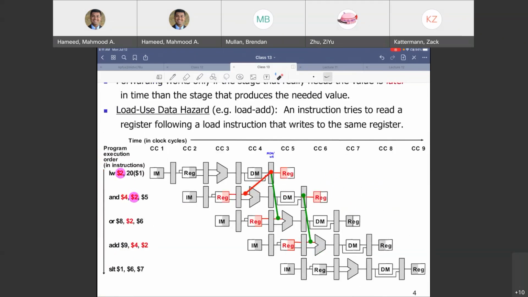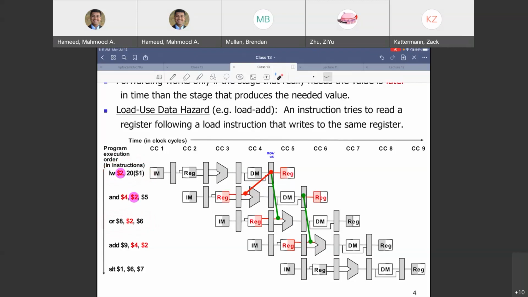Now let's dig a little deeper here. What can you solve? Look at the load word instruction, then look at the third instruction, the or instruction. Is there a data hazard present over there? Yes, there is a data hazard over there because $2 is an operand here.